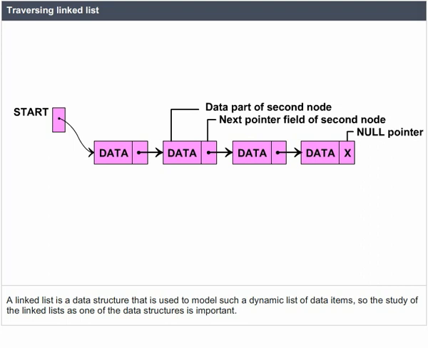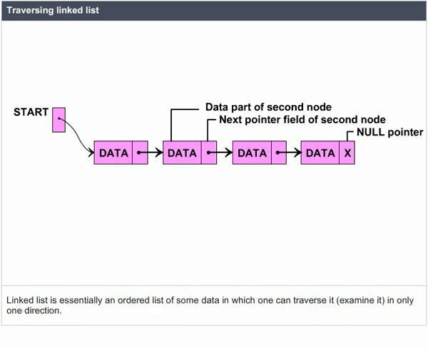Traversing linked list. A linked list is a data structure that is used to model such a dynamic list of data items, so the study of the linked list as one of the data structures is important. A linked list is essentially an ordered list of some data which one can traverse, or examine, in only one direction.